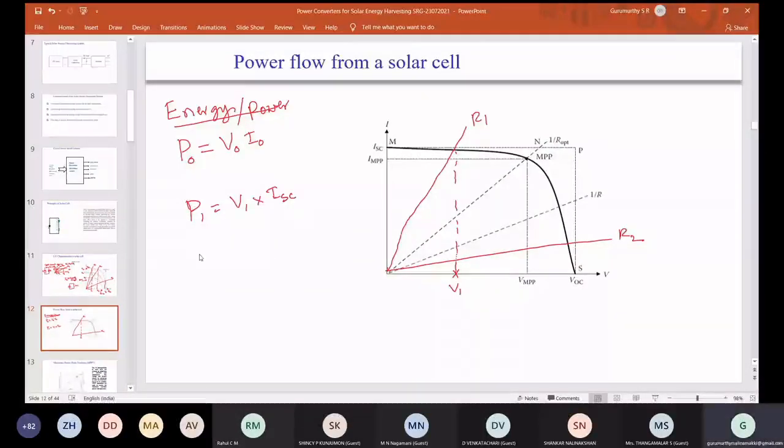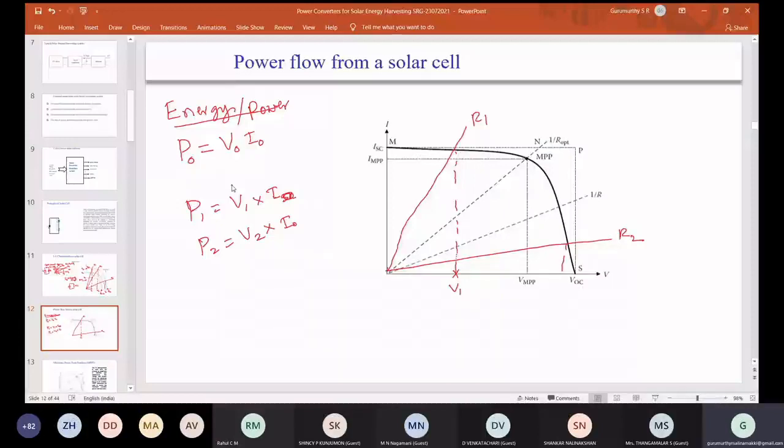Go to R2: P2 equals V2 into, the current has come down, let me call it IO. In the first case, the voltage is less but the current is high: high current, low voltage.